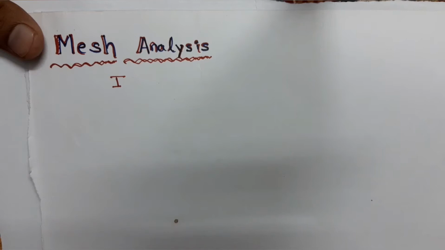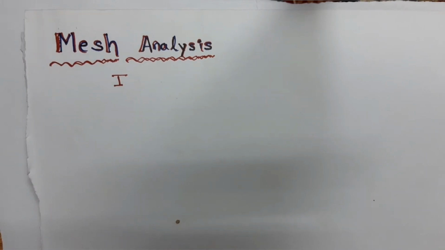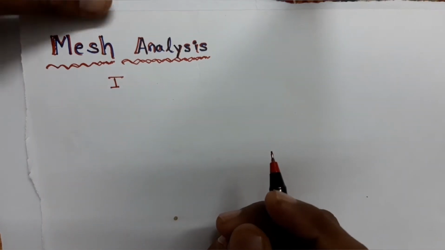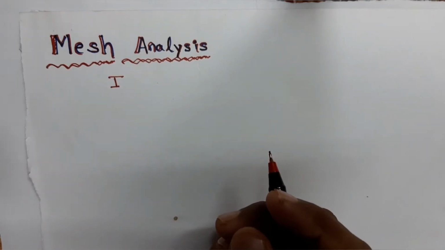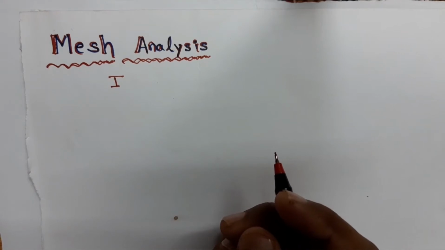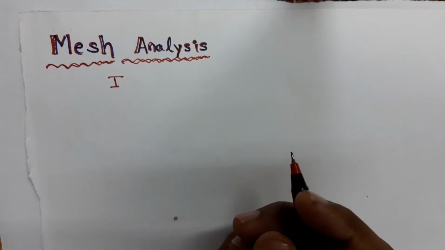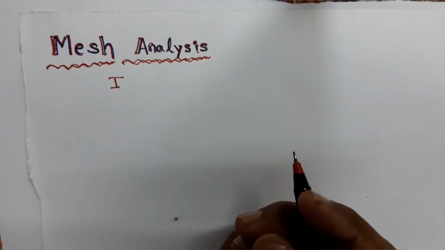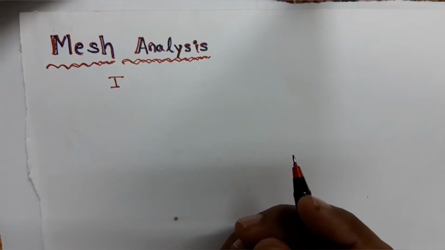Today we are going to learn the mesh analysis method. It is one of the methods to simplify or analyze a complicated circuit. If you want to find some current and voltage within a complicated circuit, you can use the mesh analysis method.